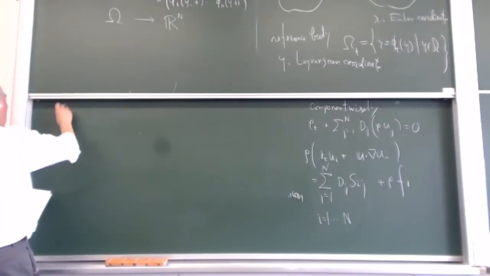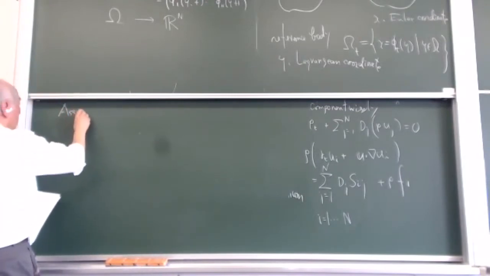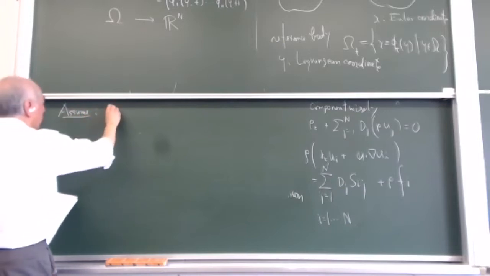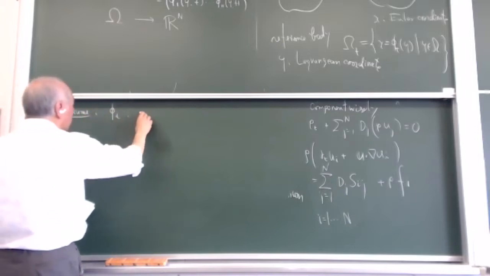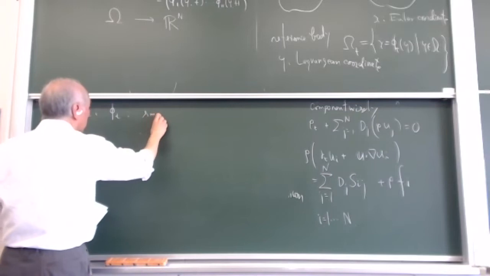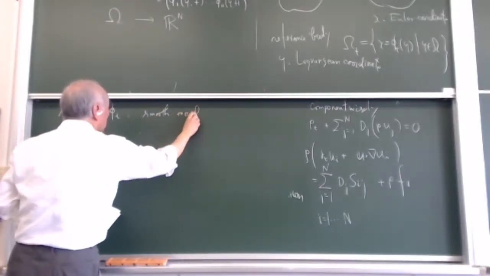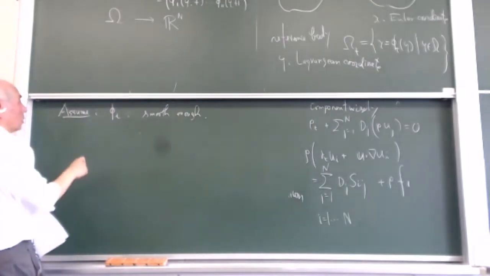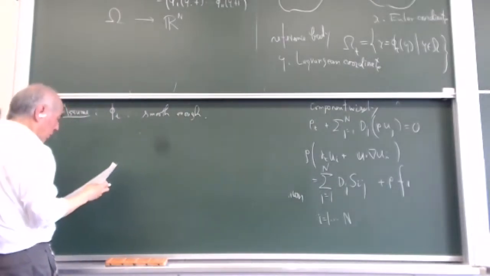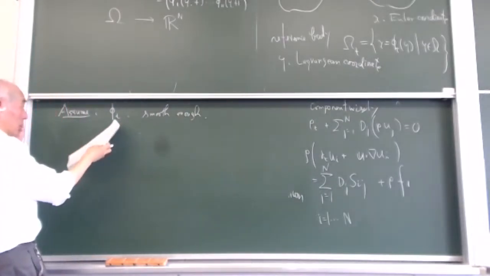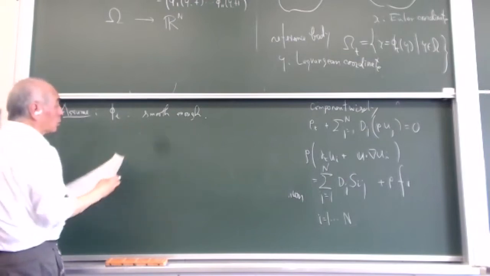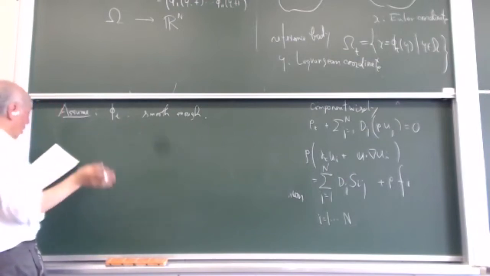Then assume d smooth. When we derive the equations, we assume that phi sub t is a smooth function or map.